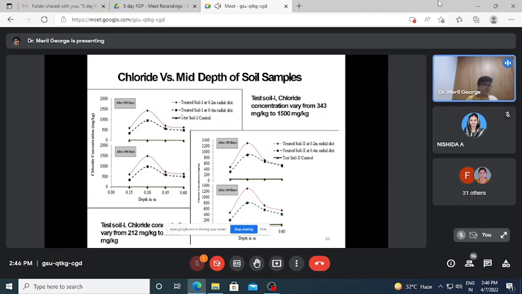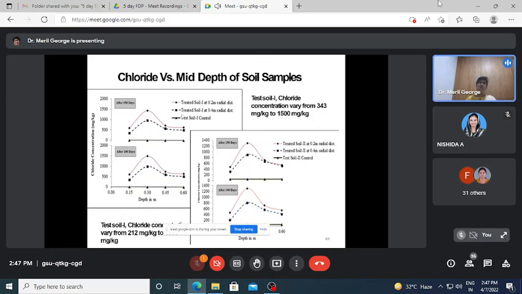From this particular result, we can see that the chloride concentration of test soil 1 varies from 343 milligram per kilogram to 1500, and for test soil 2 it varies from 212 to 1303 milligram per kilogram.